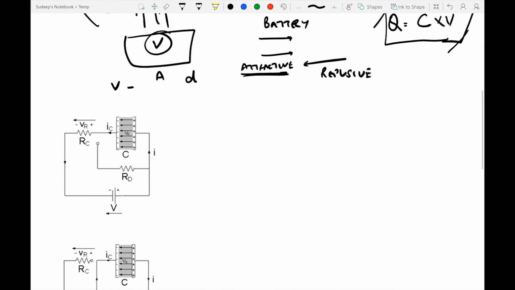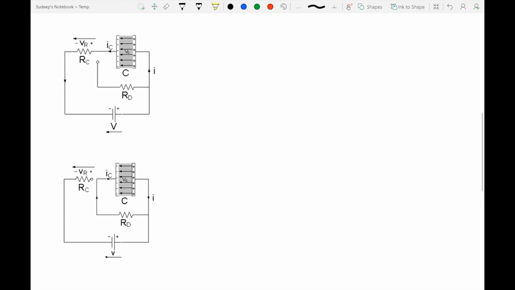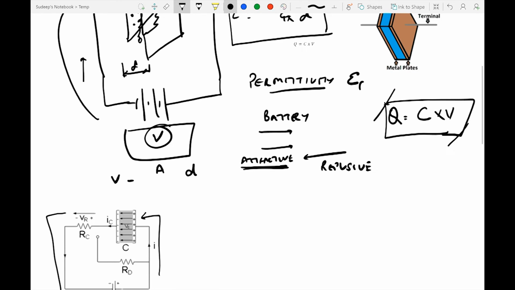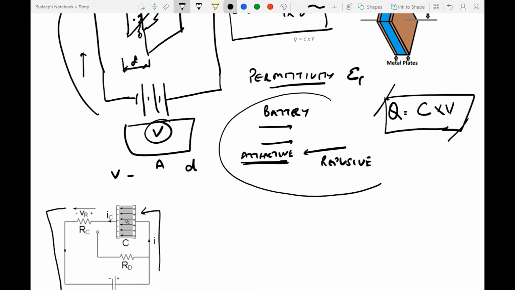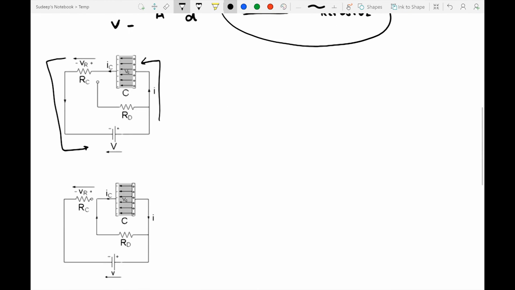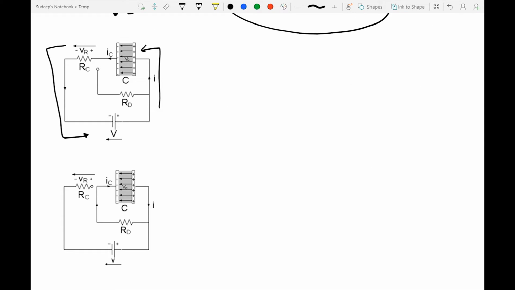Okay, so let's look at the circuit diagram of how a capacitor gets charged. We have a resistance RC over here, which is connected with the capacitor, and ultimately a power source V. In this case, if you look, the current starts flowing in over here, and the capacitor gets charged. Now when we come to a stage where all the forces that were there get balanced out, that is the maximum capacitance, that is when we say the capacitor is fully charged, and then this flow of current would become zero.